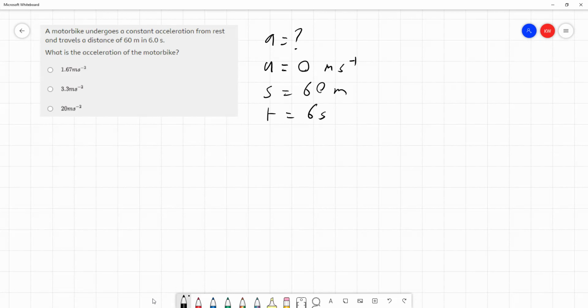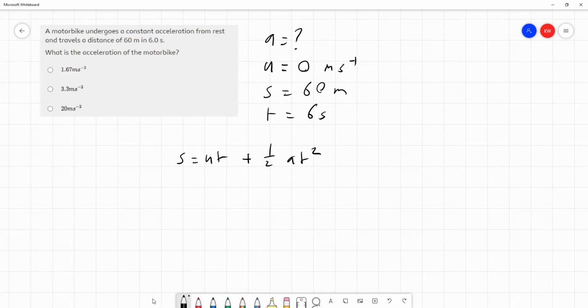And in this case, the equation we're looking for is S equals ut plus a half at squared. So although it's a we're looking for, this is the only equation we're given that has a, u, t, and s in it. But that's not a problem. We can put our values in and rearrange it.